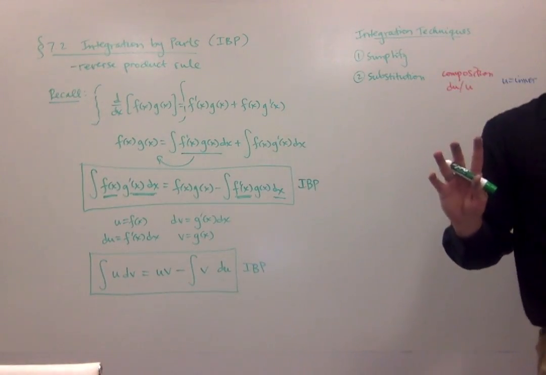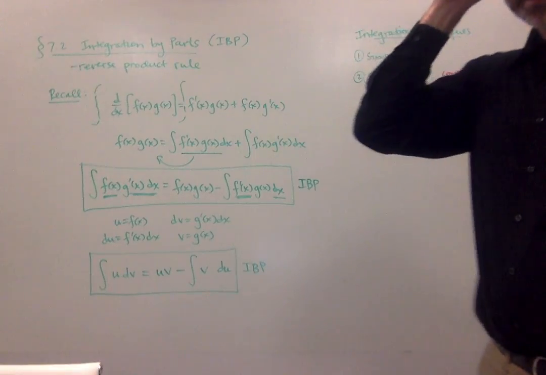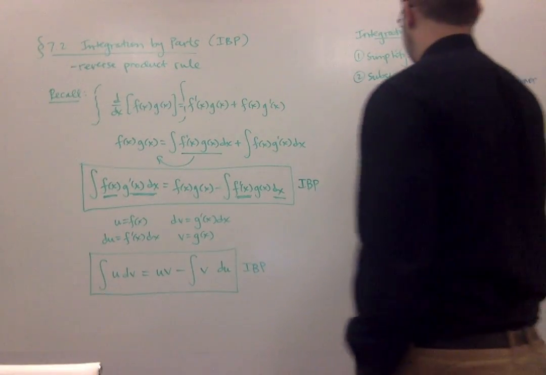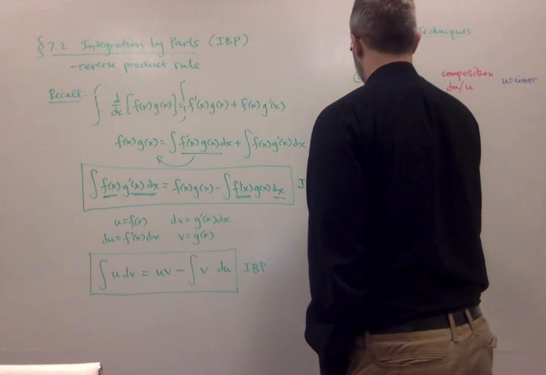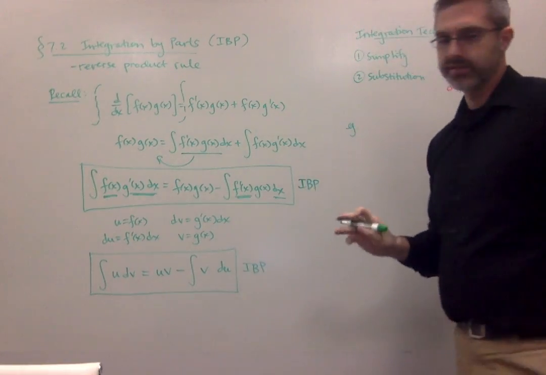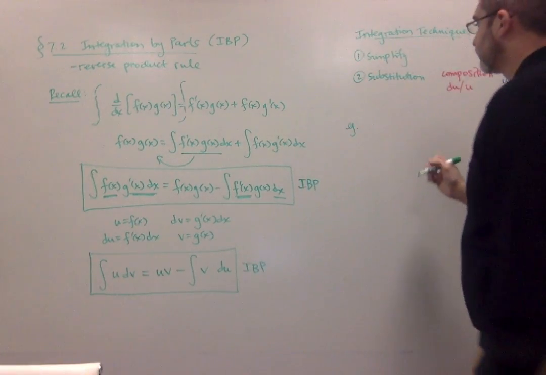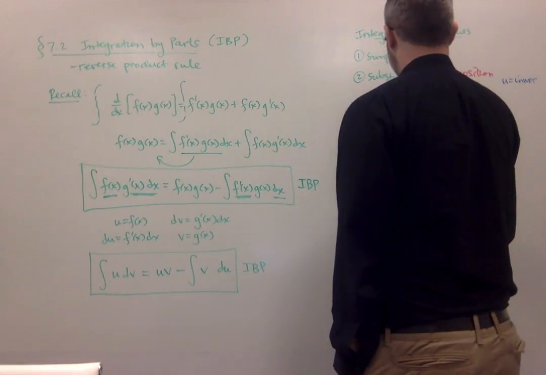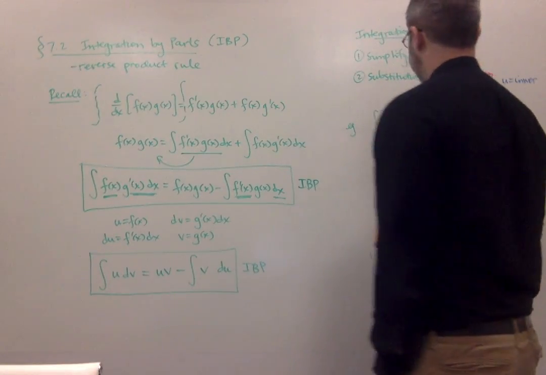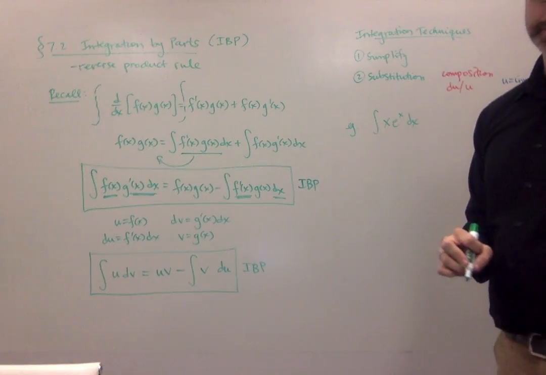Okay, so that's a lot of words, but let's try this with a couple of examples. Let's see how this actually works here. So let's start with the integral of x e to the x dx.